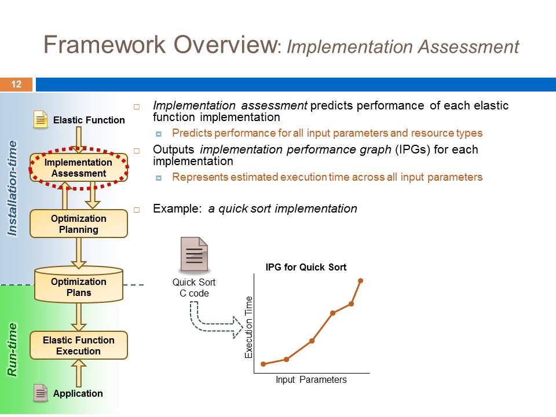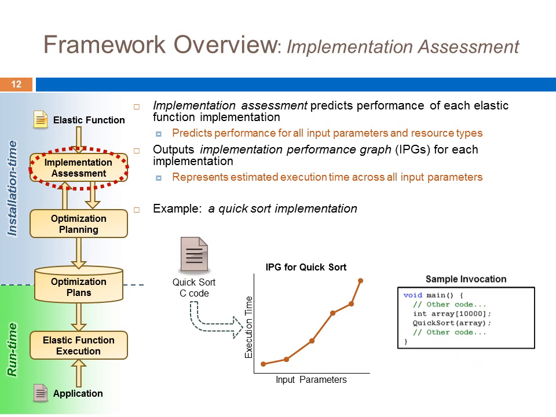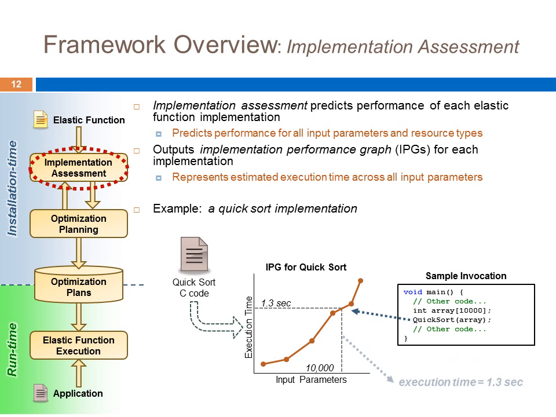This would be run through implementation assessment, and it would output this IPG, which shows the estimated performance. And then what this enables is other parts of the framework. So if something calls a quick sort implementation, or if the optimization planning tools are considering a quick sort, and it knows that the input size is 10,000, it can simply do a lookup in this IPG to figure out the estimated execution time of that implementation.